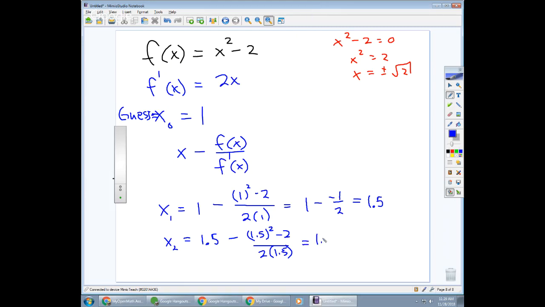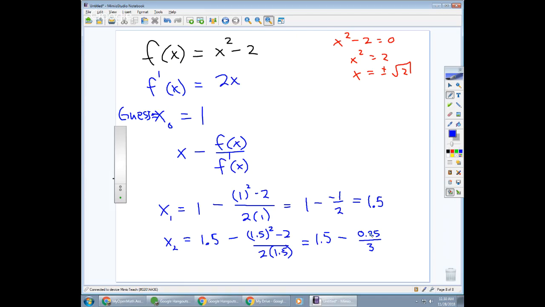So what does this give me? 1.5 minus, let's see, 1.5 squared is 2.25, I think. 2.25 minus 2 is 0.25 over 3. Do I have a mistake here somewhere?